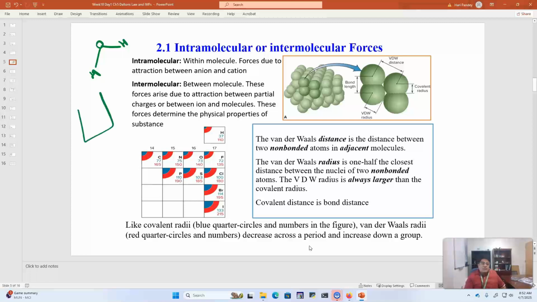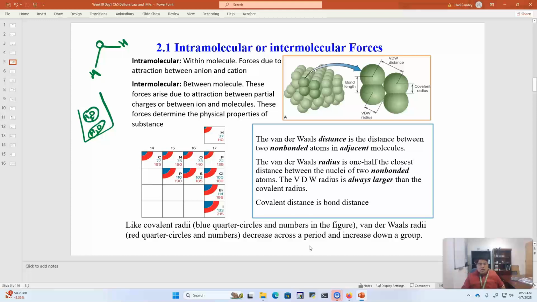If you have a glass of water, this is one water molecule. Now let me write that way. This is one water molecule and this is another water molecule, right? If you think about what kinds of forces are in this glass, there are two types. One is the force that makes the water molecule, the force which holds these atoms together.